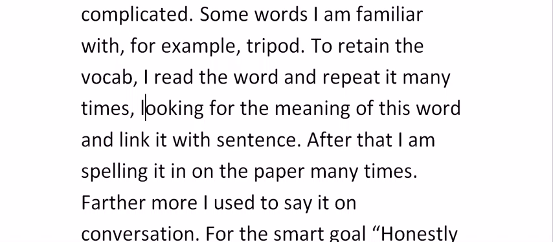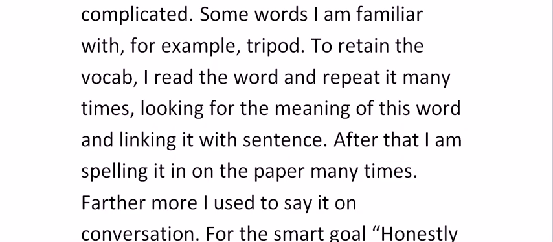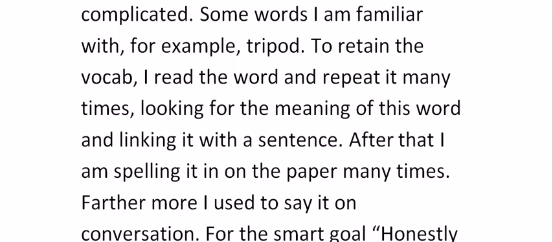"Looking, so I read the word and repeated many times, looking for the meaning of this word and linking it with..." So it's looking for and linking, a parallel structure here, with sentence. It's with sentences or with a sentence, because that's a countable noun again.